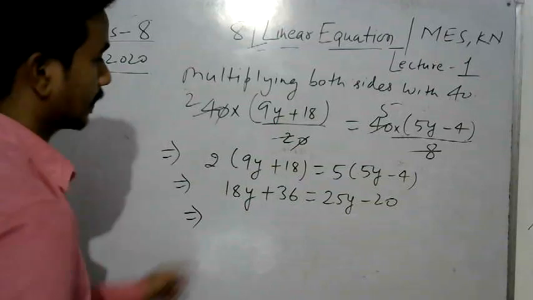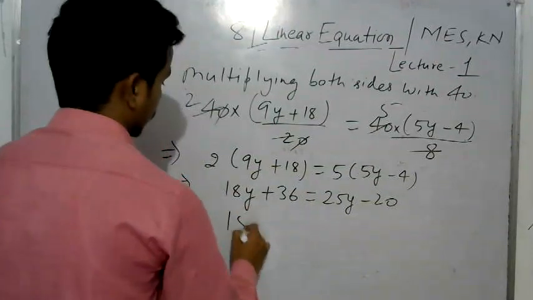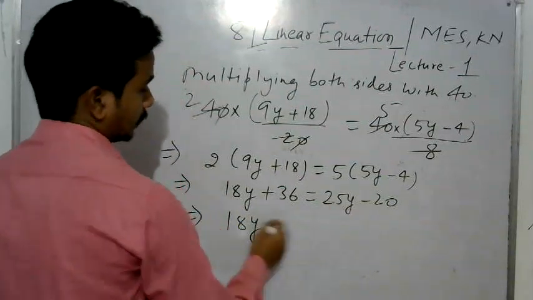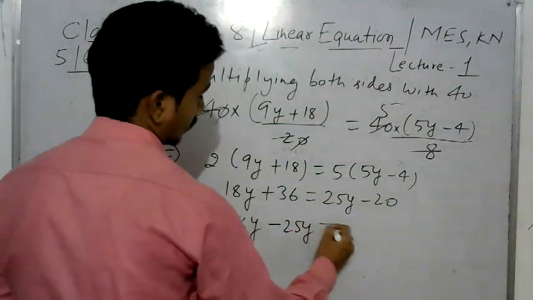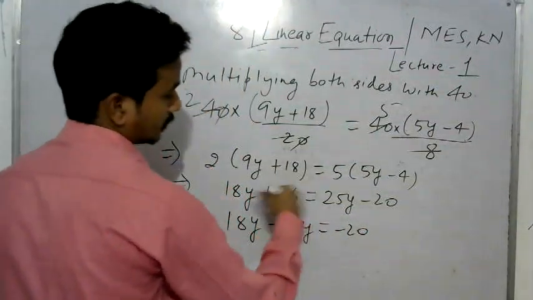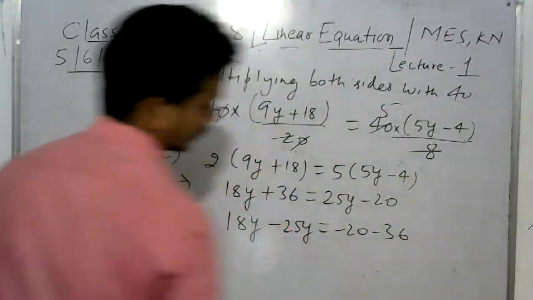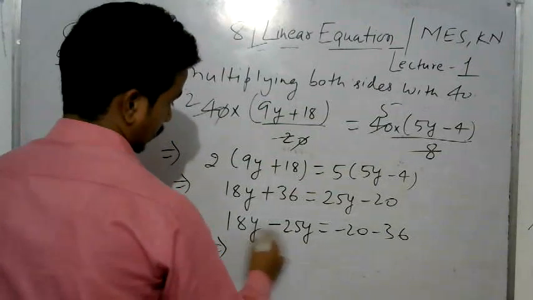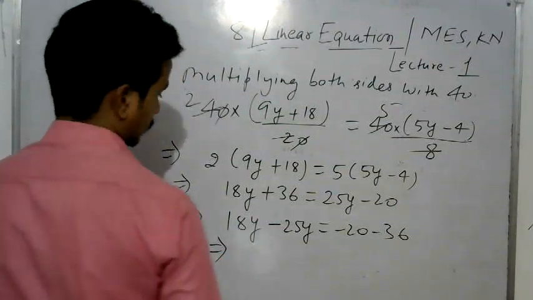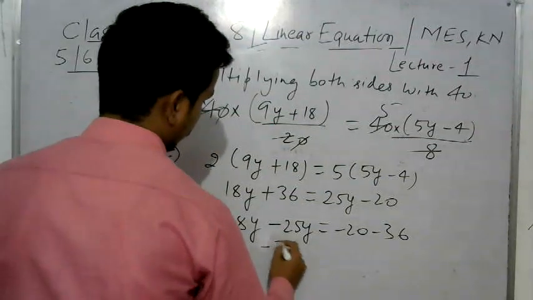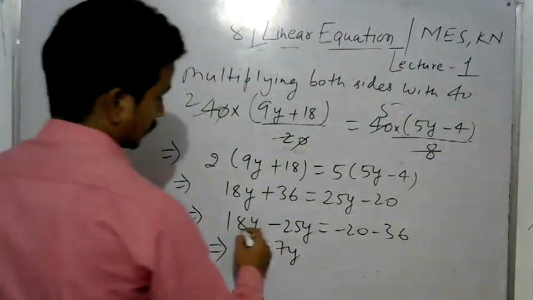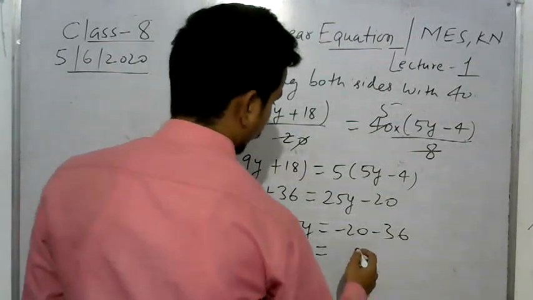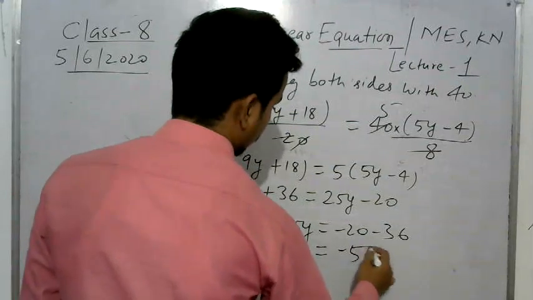Now when 25y comes to this side, it will become minus 25y, and when plus 36 goes to that side, it will become minus 36. So what do we get? 18y minus 25y is minus 7y, and this equals minus 56.